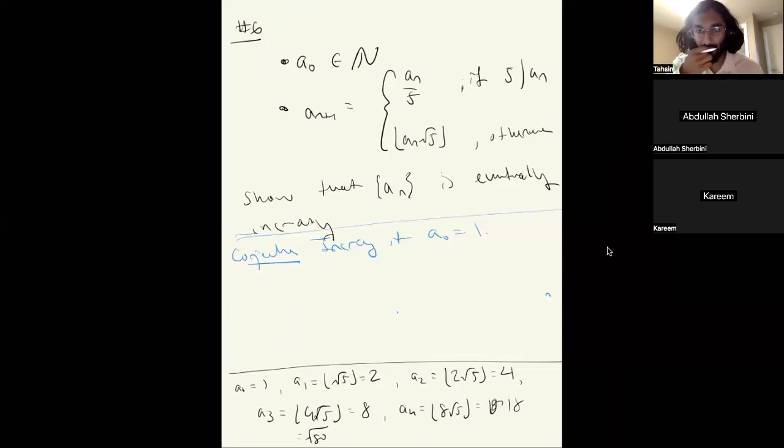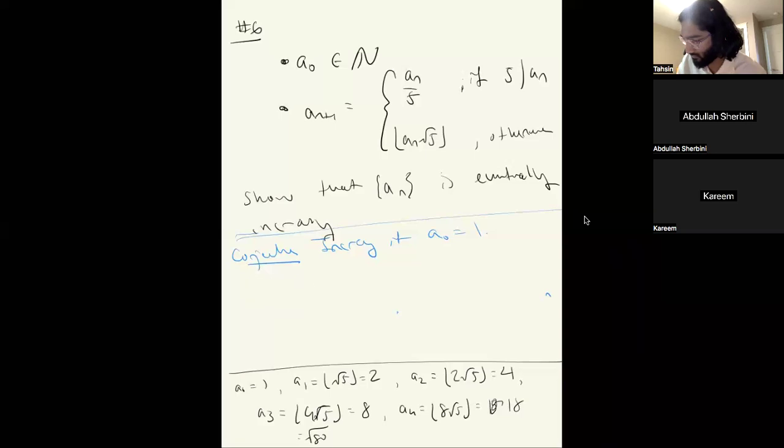I was thinking about that. For every number, there's a unique natural x such that the floor of x times square root of 5 equals that number.